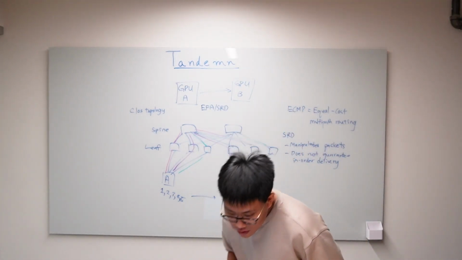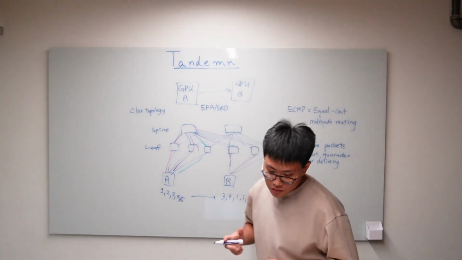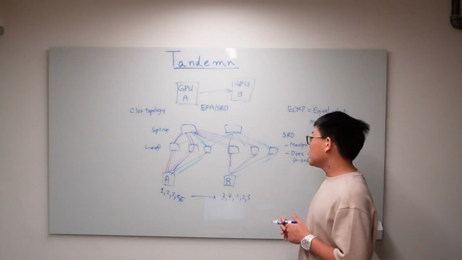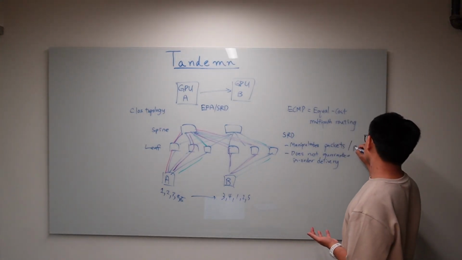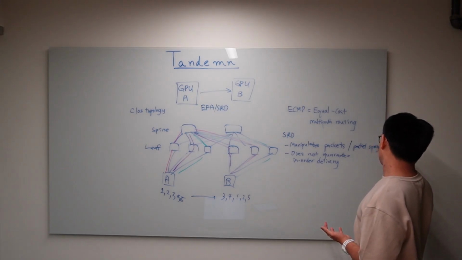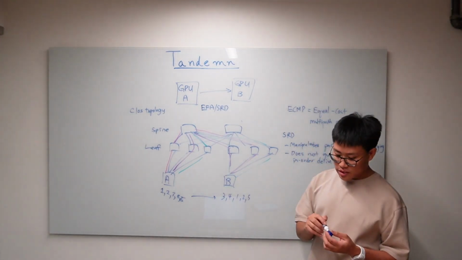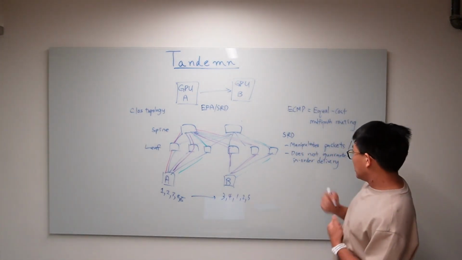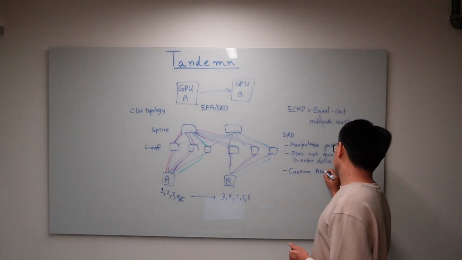So we've mentioned packet spray and we've mentioned in-order delivery. One last optimization that EFA SRD has in AWS is that it's implemented in custom AWS Nitro networking cards.